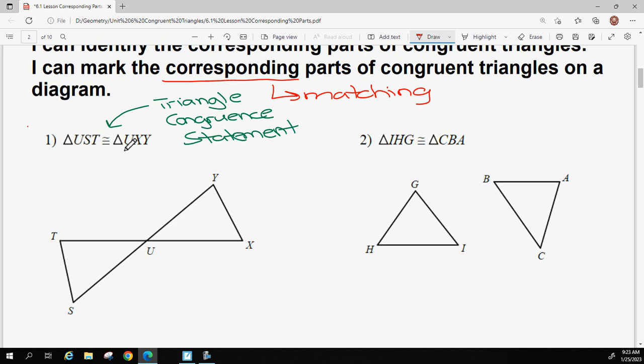So if I look at the names, the first letter is letter U, and that means in each triangle, angle U matches angle U. So if I go down here in my first triangle, I'm going to put a little mark in here, and then I put a little mark in here, and that's showing me that angle U in this triangle is congruent to angle U in this triangle.